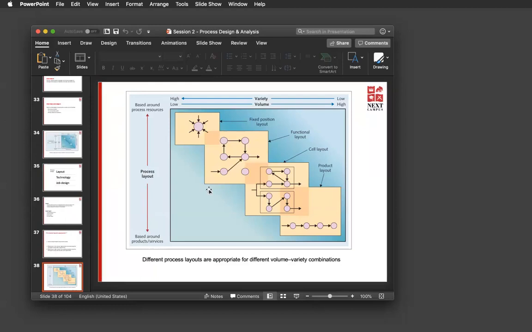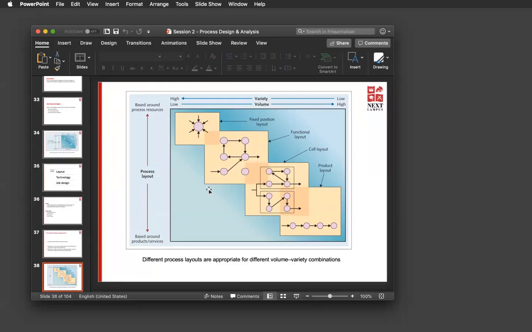You have to go to a place to get that thing done. The position does not move. So if you are going to float a business, you need to find out whether your business is going to use a project layout to manufacture these services, or is it going to be a continuous process? Something where the product actually moves to the customer. So in this case, the customer actually moves to the product.